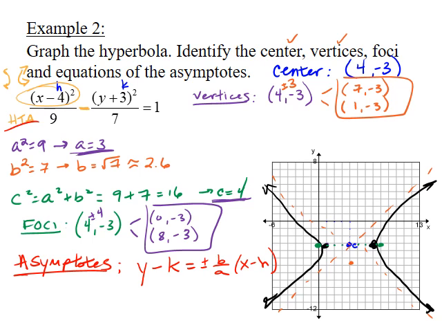So I just plug in what I know. y plus 3 is equal to plus or minus the square root of 7 divided by 3 times x minus 4.